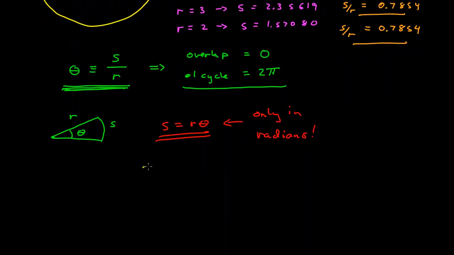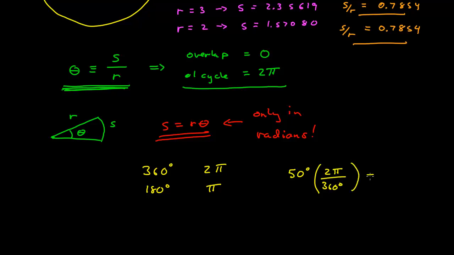So if I have 360 degrees, that gives me 2 pi radians. 180 degrees is pi. If I have something in, say, 50 degrees, I can multiply that by 2 pi over 360 degrees, and I get the answer in radians.